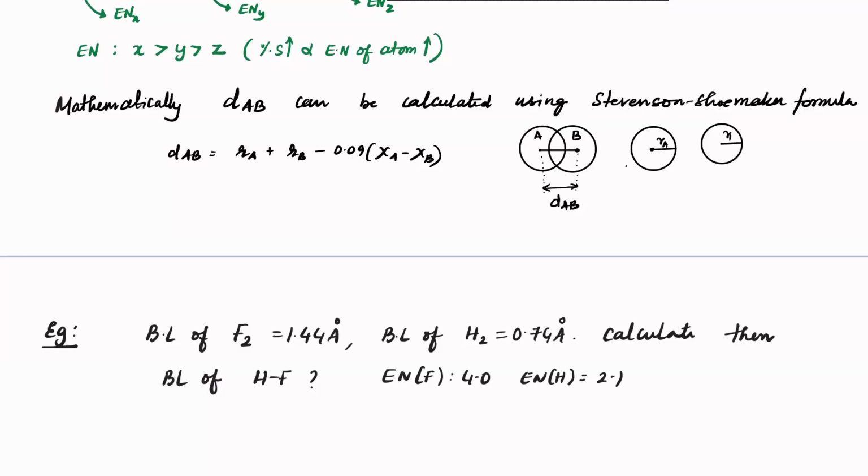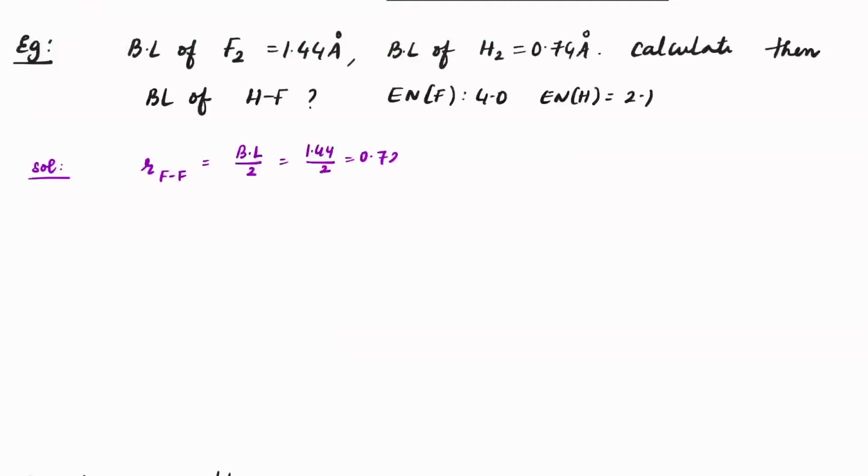Okay. Let me put it and check. R of F will be half of the bond length of F2, which is 1.44 by 2, which is 0.72. R of hydrogen will be the bond length by 2, which is 0.74 by 2, which is 0.37.